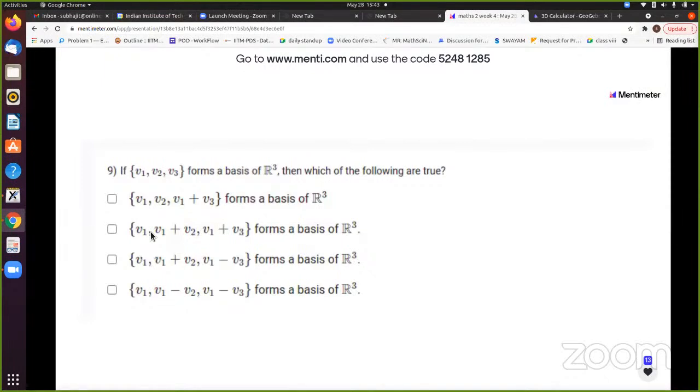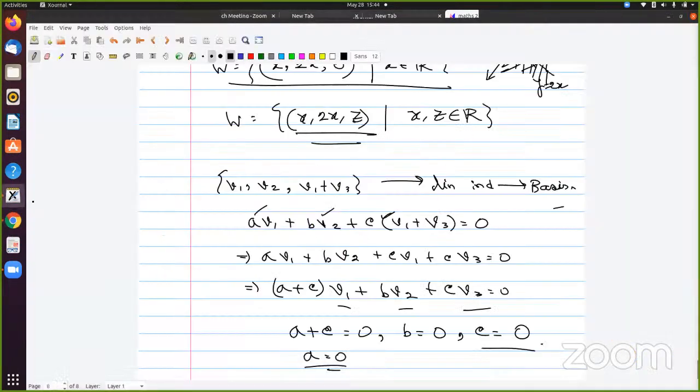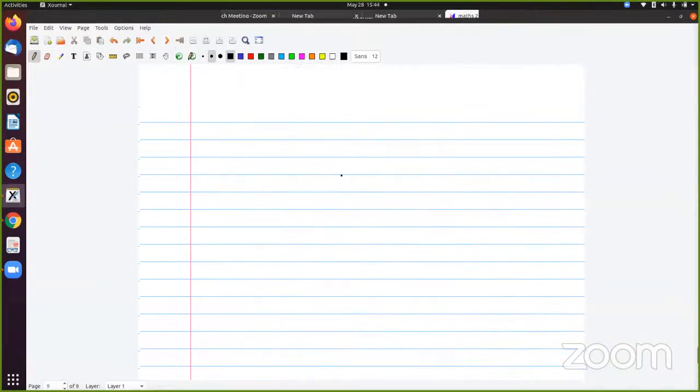How? I mean, you are claiming something, but how? Suppose we are in R3. You give me an example in R2. Yes, you can take R2, and then we can use the vectors. So I am giving you a basis.